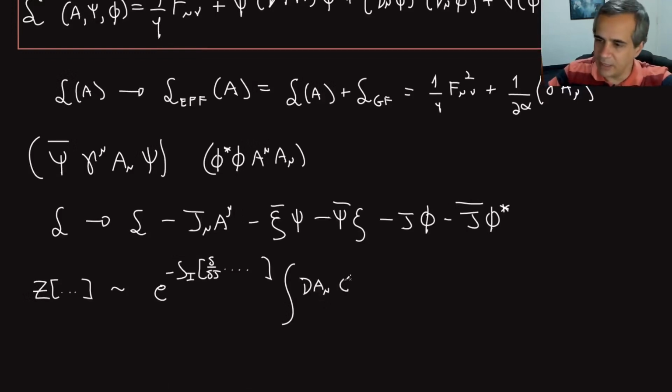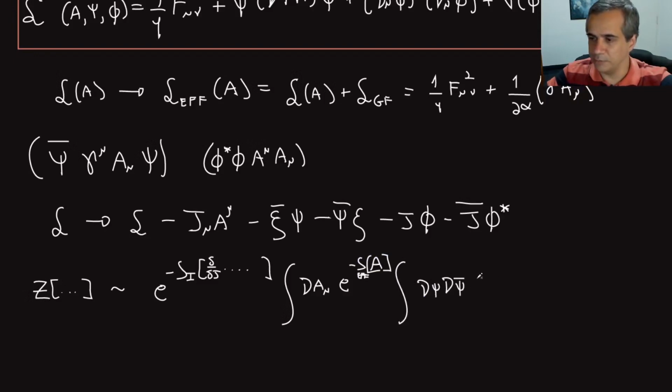And then my full partition function will look like this. This is the effective one, so gauge fixing goes here, times the integral over psi bar, exponential of minus S of psi, times the integral over phi star, exponential minus S of phi.